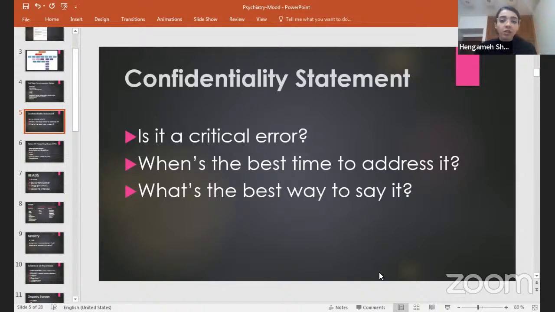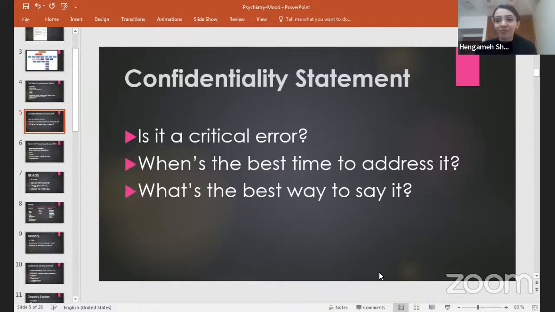And if it is necessary for me to disclose your information, it will be with another professional only, for the purpose of your care. And the last part was that I will not disclose unnecessary details, only whatever is necessary.